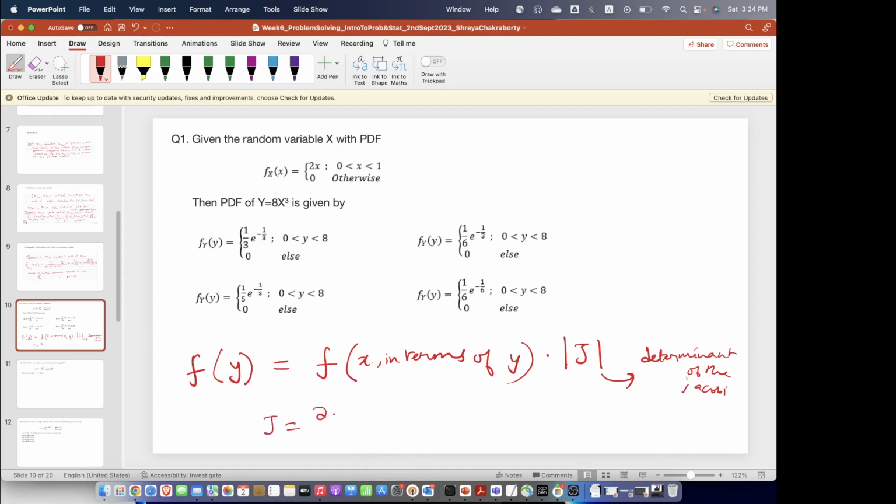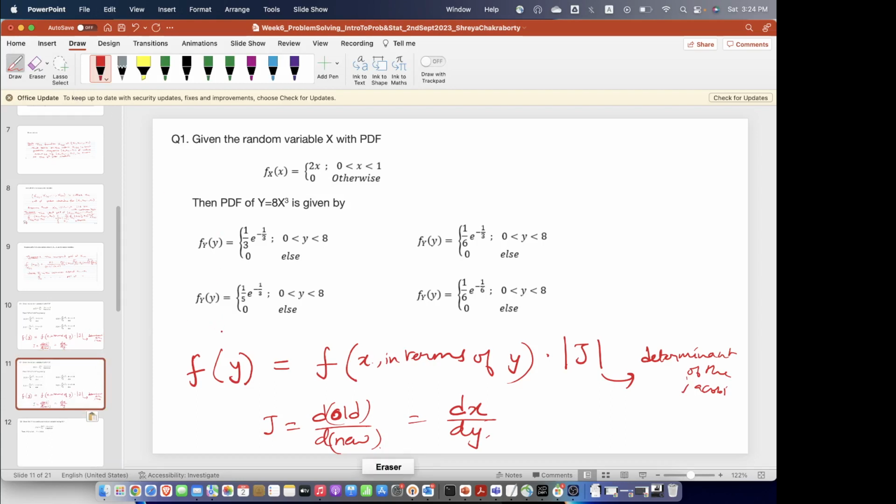J is nothing but, here we have 1, this is d old by d new. So here this will be dx by dy. Now with this, how will we write it down?